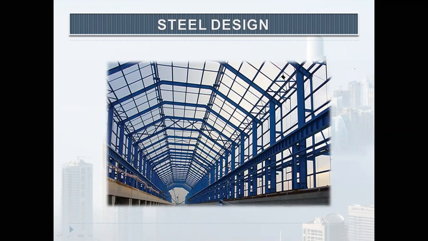You might have seen one somewhere near your house or anywhere else. It is called an industrial shed. I'll write it here for you: industrial shed. See, these are the beams here. These are the columns here. Ultimately, the same scenario is used, beams and columns.